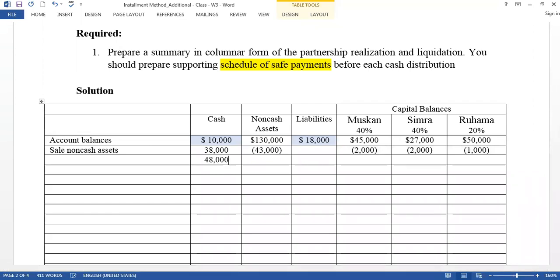So after doing so, now we have $48,000 cash, right? We have $87,000 non-cash. Now we have $18,000 liability, and now we have $43,000, $25,000, and $49,000.